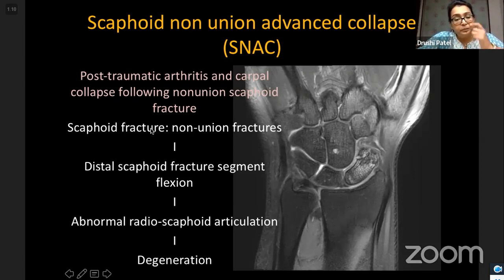So with a scaphoid fracture, the distal scaphoid fracture fragment tends to flex, it tends to tilt. And because of this, there is abnormal radioscaphoid articulation. Eventually, the osteoarthritic changes set in, that is known as the SNAC wrist. So when there is a bony cause, a scaphoid fracture non-union, resulting in degenerative changes at the radioscaphoid articulation, that is known as the SNAC wrist.